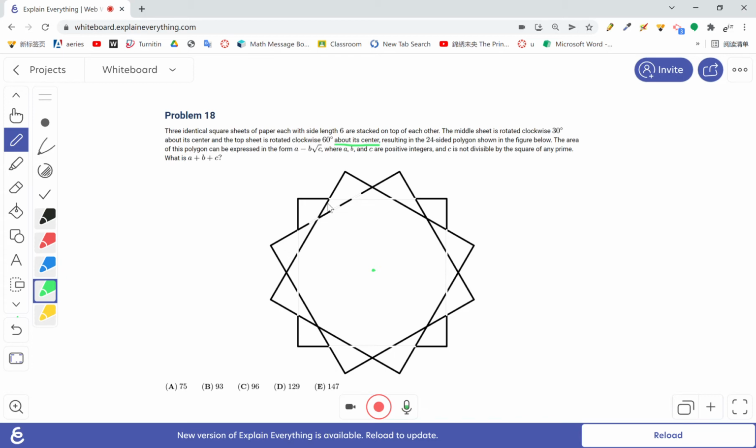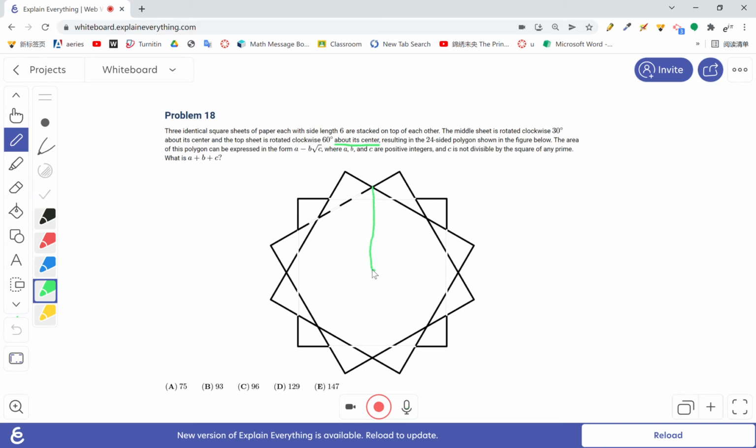So we have to observe this shape to see if there are really interesting techniques or observations that can help us solve this problem. There is a really interesting way to do this problem, and it's pretty elegant.